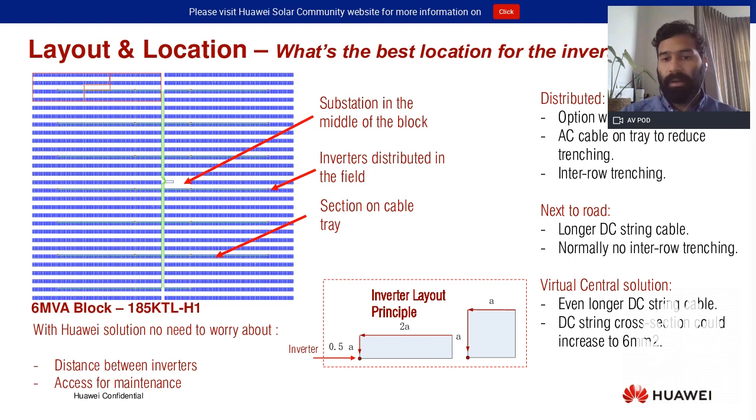This central solution could work if you have just a handful of inverters that you can put close to the transformer station, and then you will not be affected by the increment of the DC string cable. But in principle, for large projects, I would say the distributed approach or the next-to-the-row approach will be the main solutions.